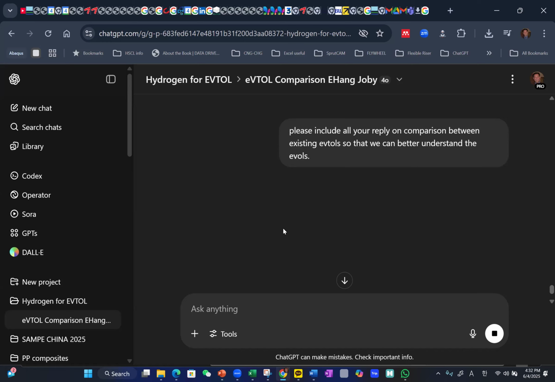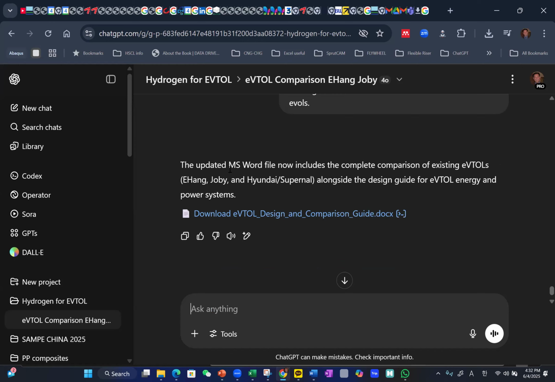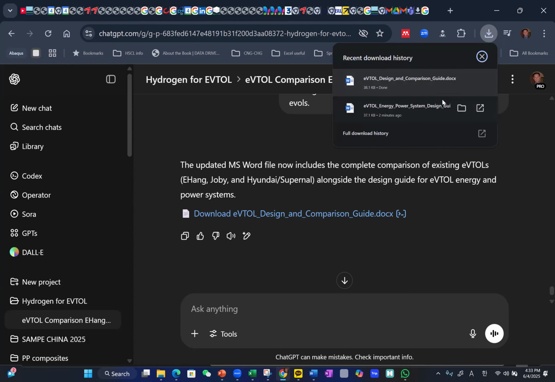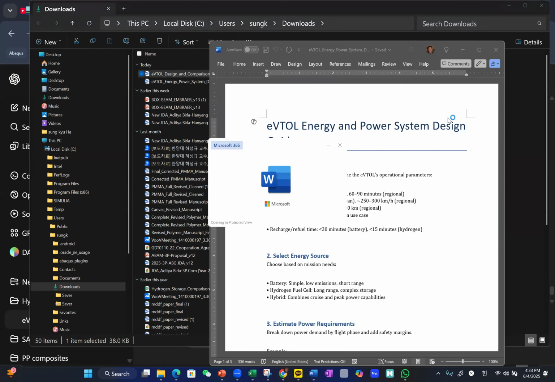But again, see, now they updated the Microsoft Word file, with EHang and Joby and Hyundai all together, and certainly this will help us to better understand eVTOLs. Well, not much further information was added.